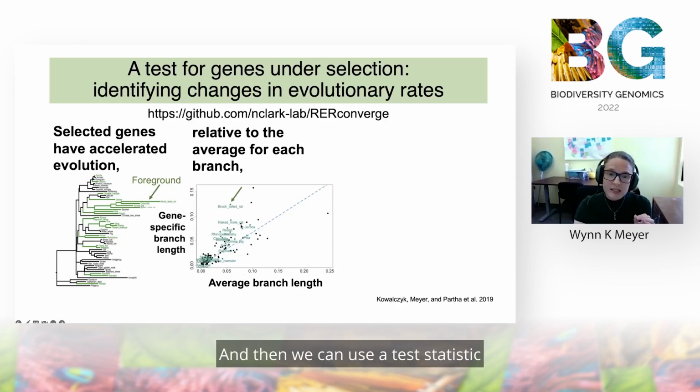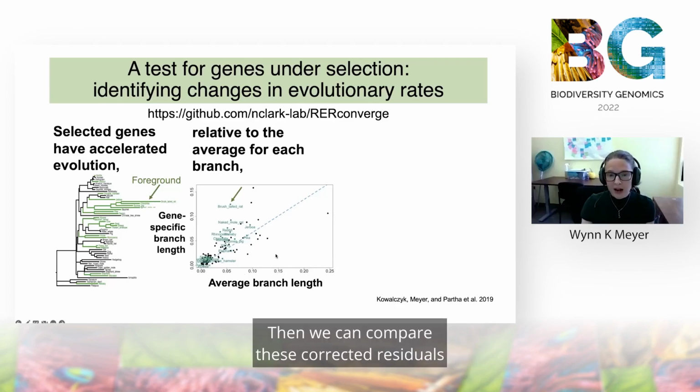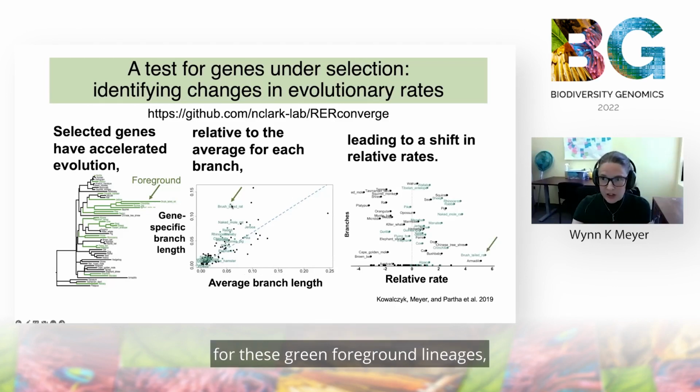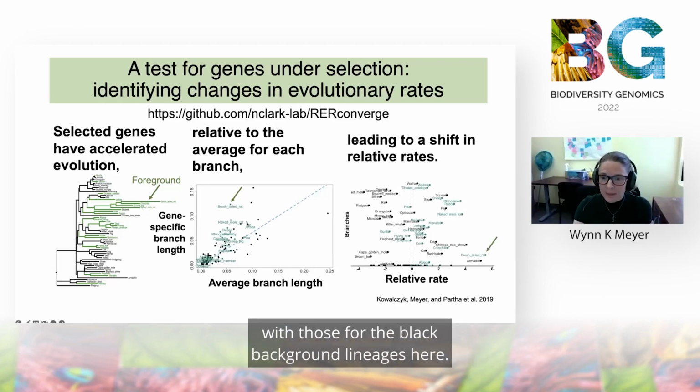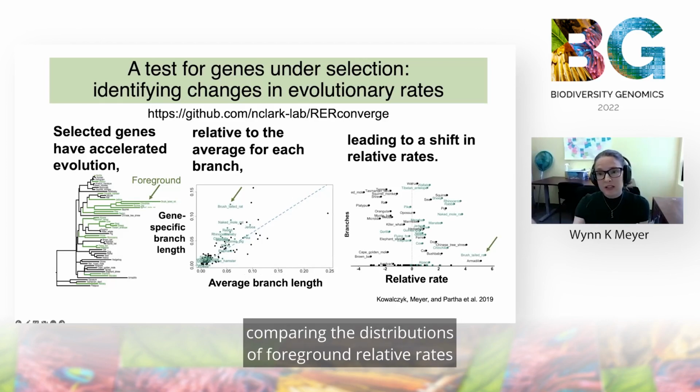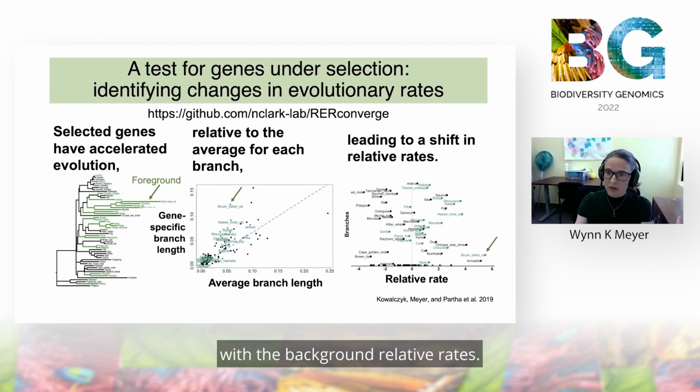And then we can use a test statistic that is essentially a corrected residual of the gene-specific rate of evolution with the genome-wide rate of evolution. Then we can compare these corrected residuals for these green foreground lineages with those for the black background lineages here. And what we're looking for in our ultimate test statistic is comparing the distributions of foreground relative rates with the background relative rates.